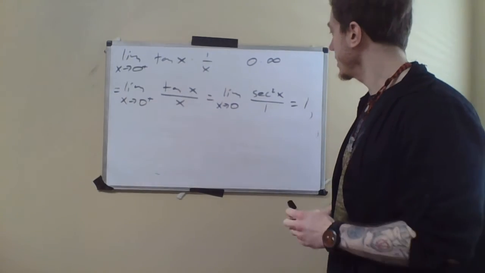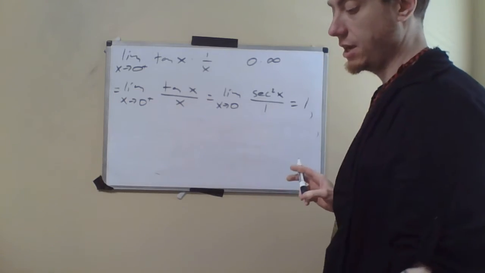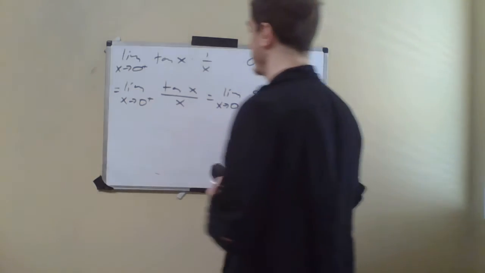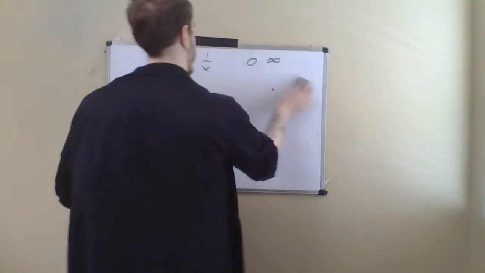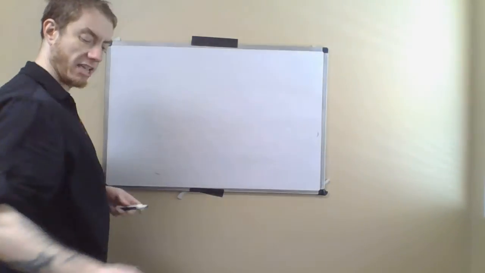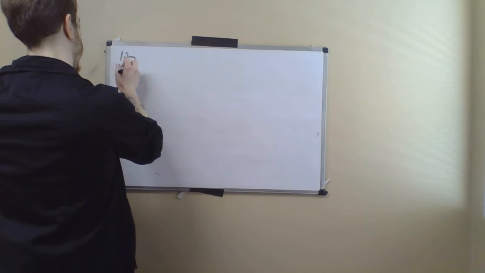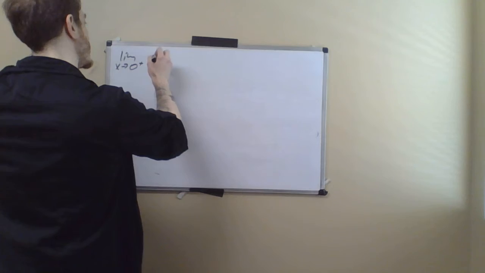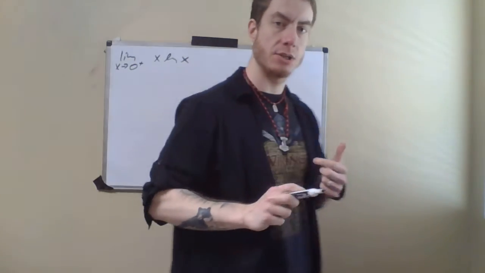Okay, so here's another example that maybe is a little less contrived with a 0 times infinity situation. So what if we were dealing with the limit as x approaches 0 from the right of x times the natural log of x?